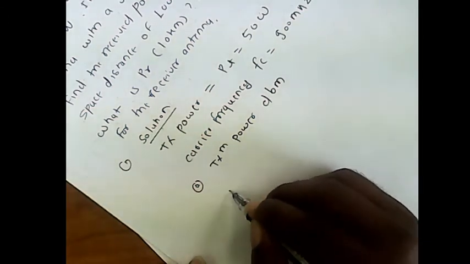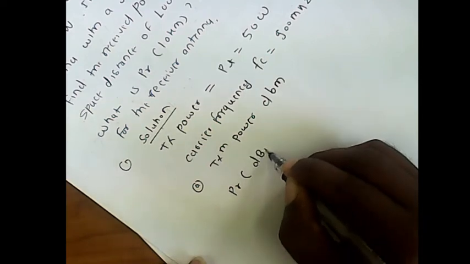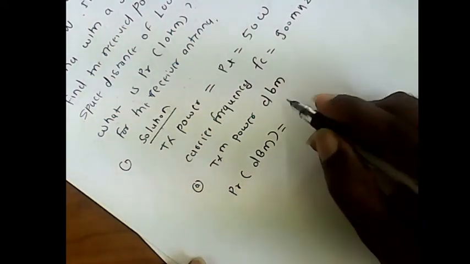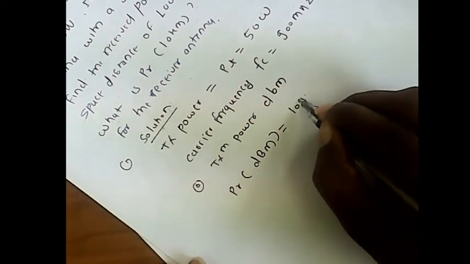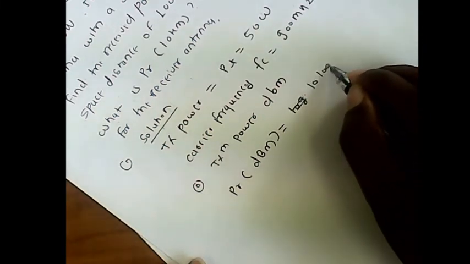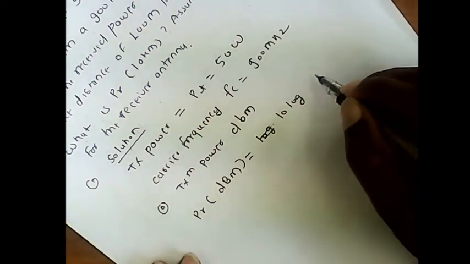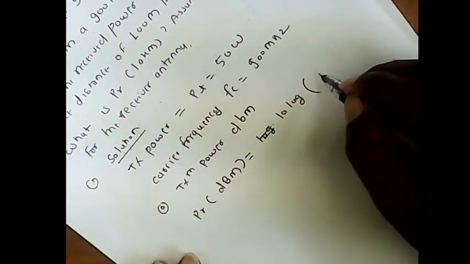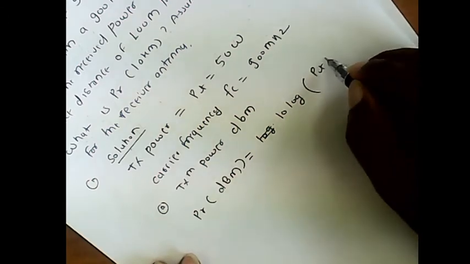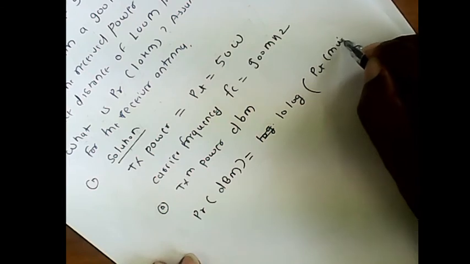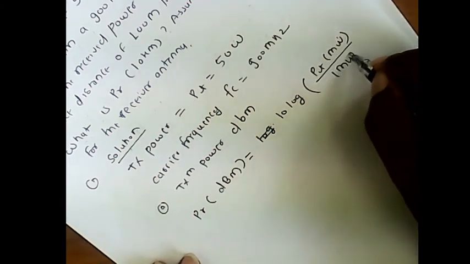So PT in dBm is equal to 10 log of transmitted power in milliwatt divided by 1 milliwatt.